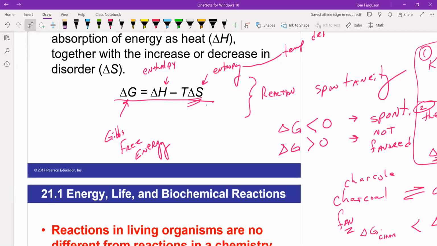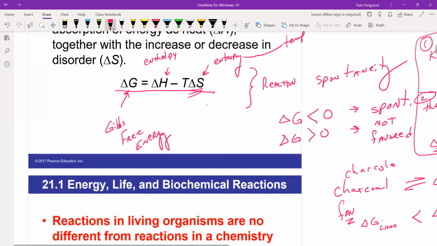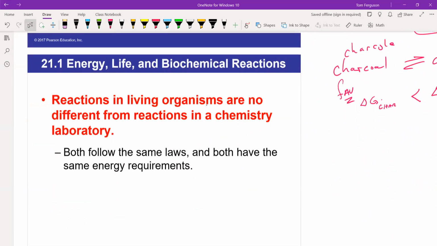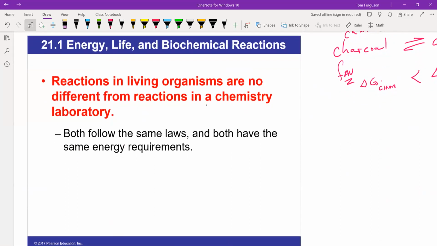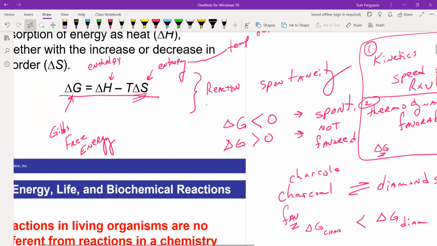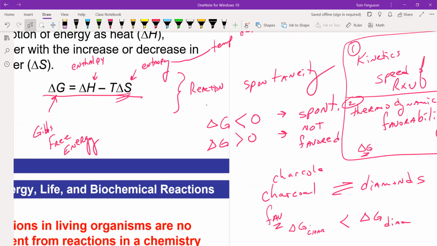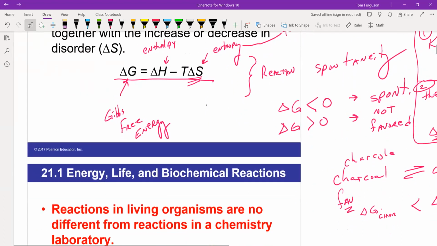So anyway, if you're a chemistry major or a chemical engineering major, something like that, you will take a whole semester class on thermodynamics, and you will know this relationship very, very well. Okay. So this whole thing about delta G and kinetics applies to our living body.